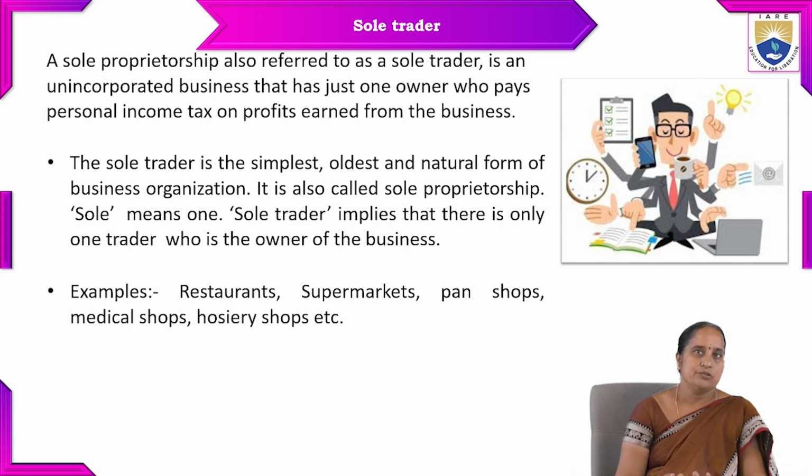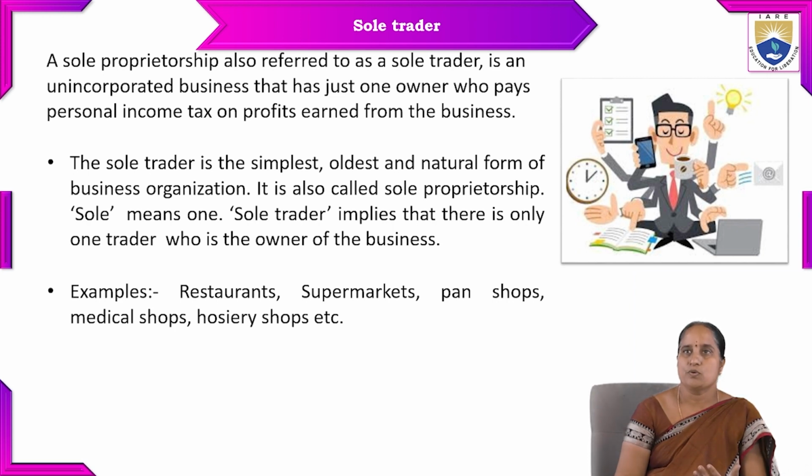A sole proprietorship, also known as a sole trader, is an unincorporated business that has just one owner who plays the major role, and who pays personal income tax on profits earned from the business. The sole trader is one of the oldest forms of business organization.